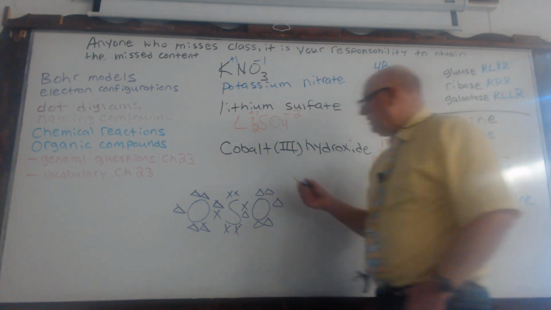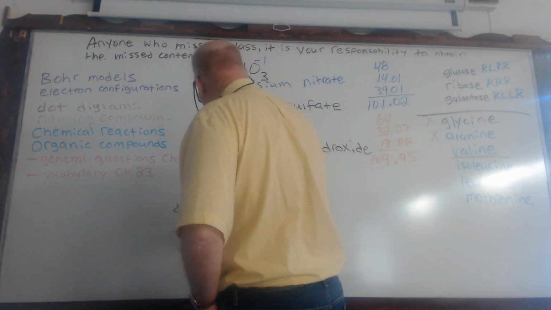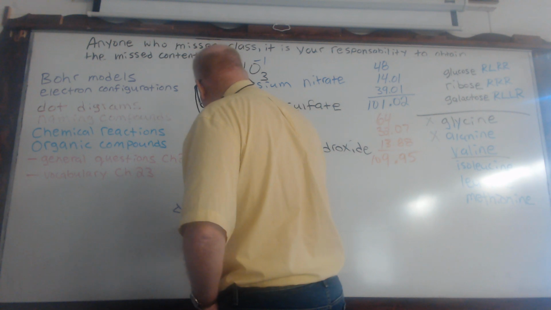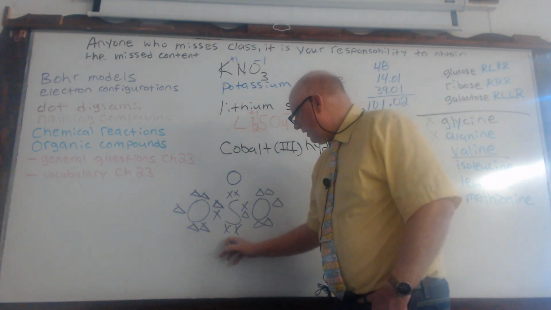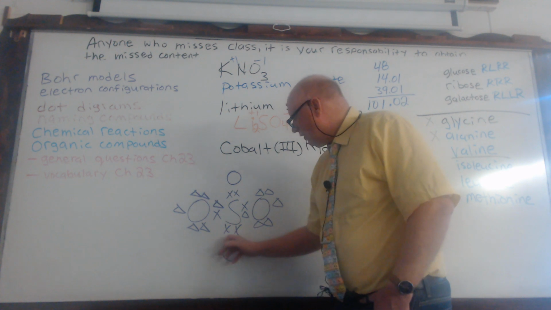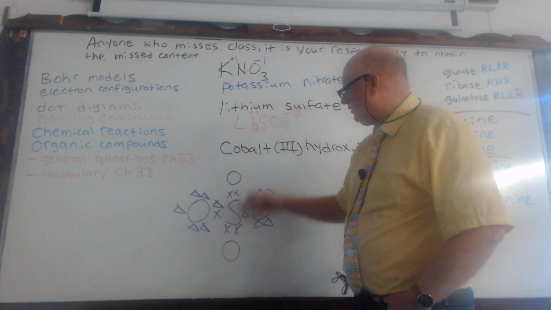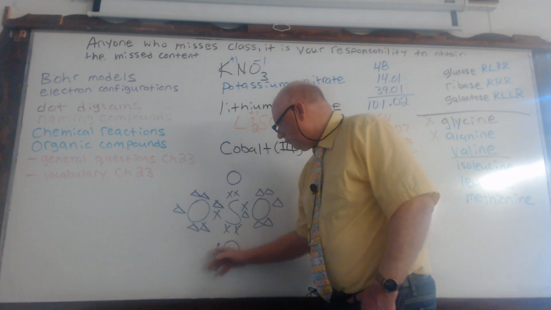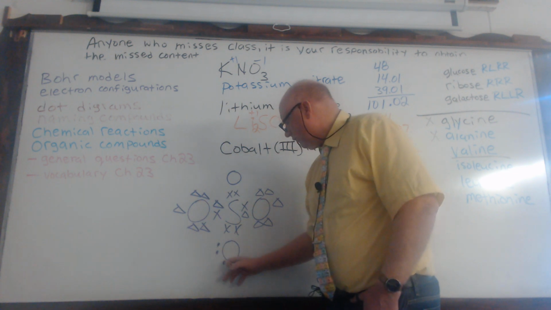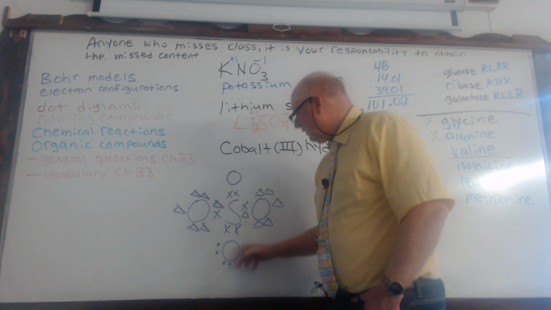So what that means then is we can put an oxygen up here. If we put one on top, we'll put one on the bottom here. Same concept, oxygens in column 6. 1, 2, 3, 4, 5, and 6.